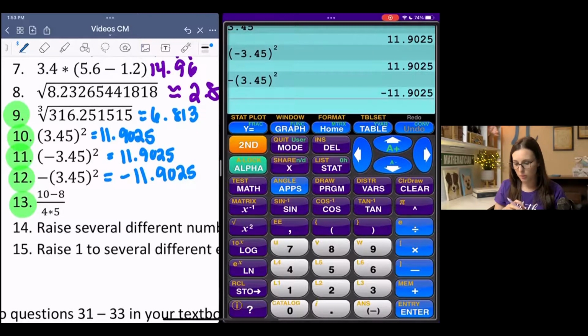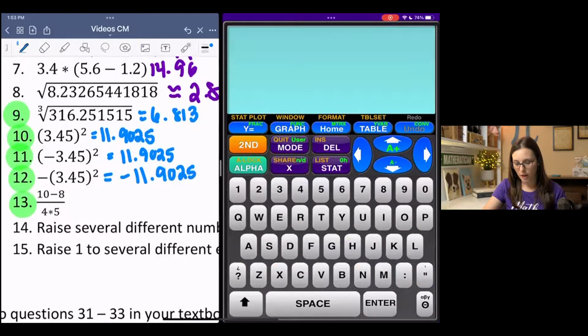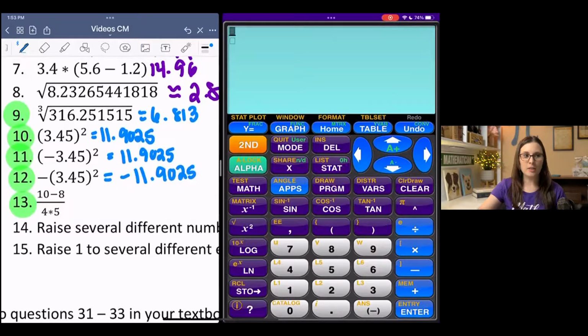Now, like I said before, some calculators have a fraction function. This one does. I would do alpha x, and you can see it brings up that fraction function. And in that case, I don't have to worry about parentheses because it's written exactly like the problem said. There's your answer.